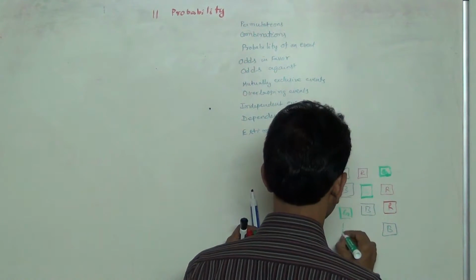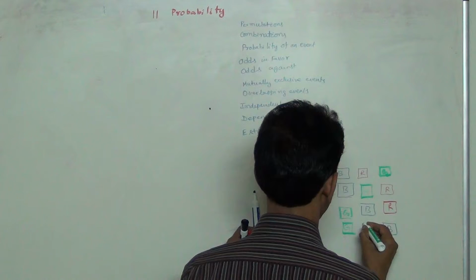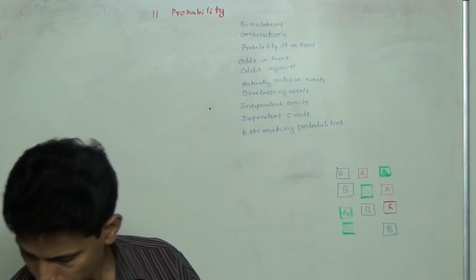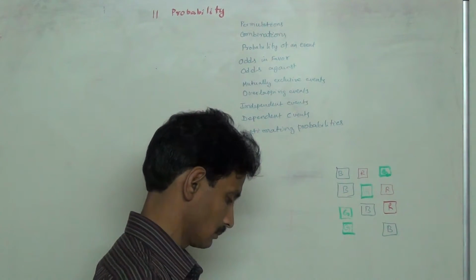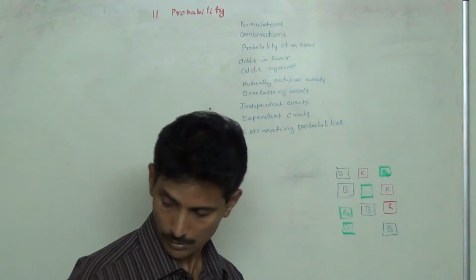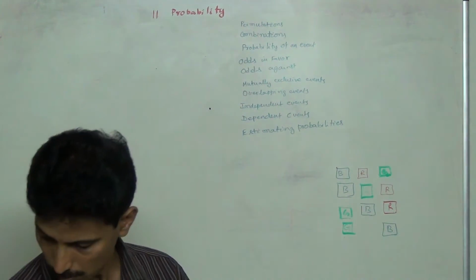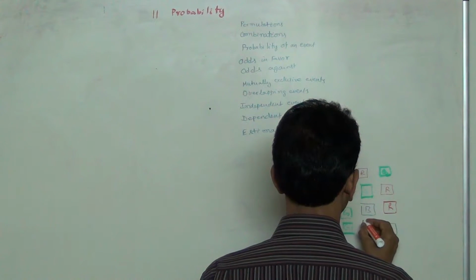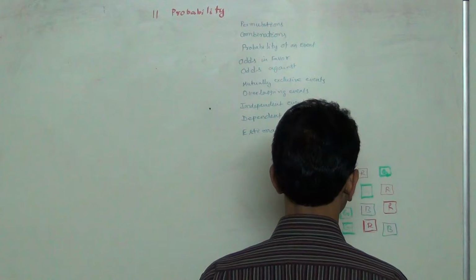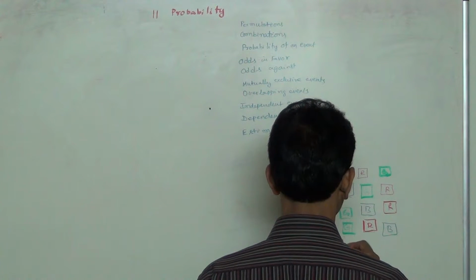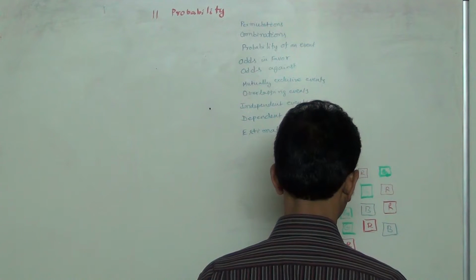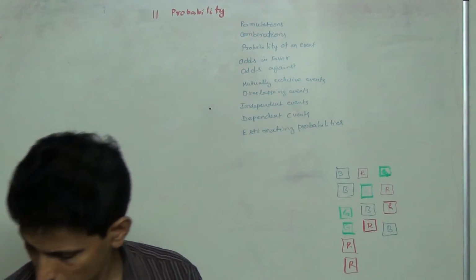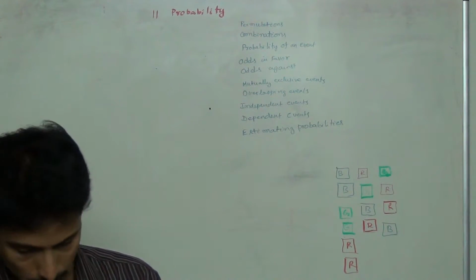So these are the possible permutations, and these are the possible combinations.